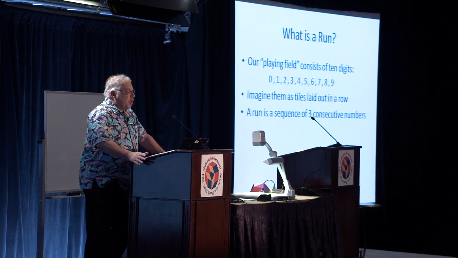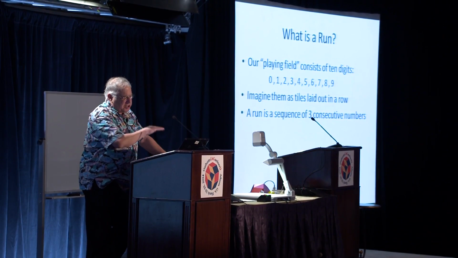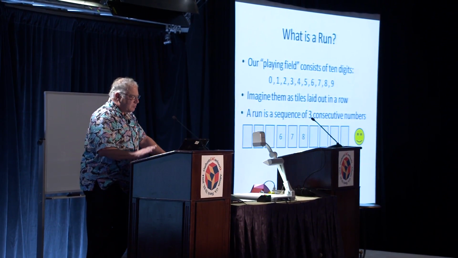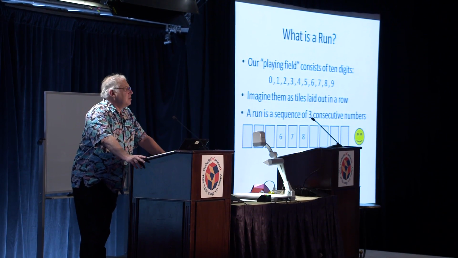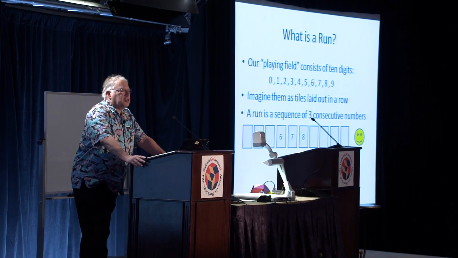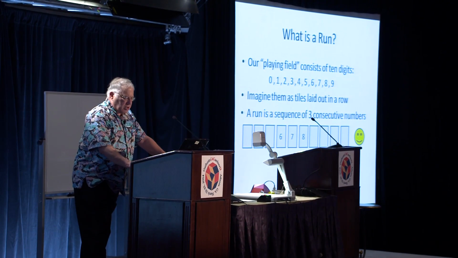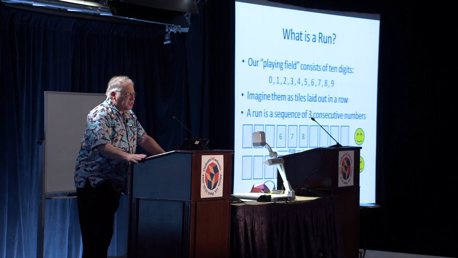The idea is to find runs. We have 10 digits. Imagine them laid out in a sequence. And voila, there's a run, 6, 7, 8. The run is indicated by a smiley face. The blank tiles are not important for our current purpose. Now, runs can go in either direction, ascending or descending, left to right, right to left.